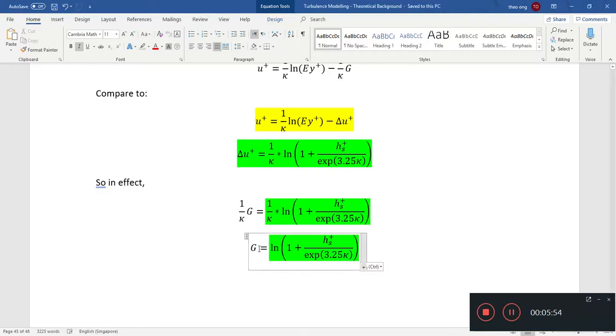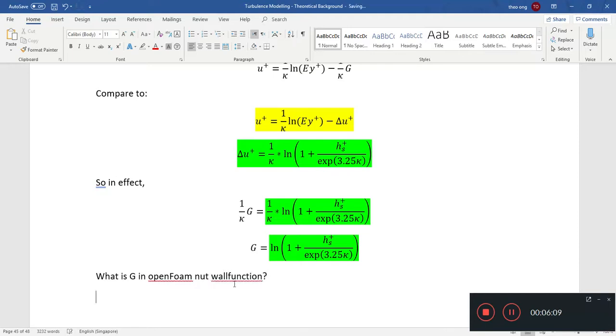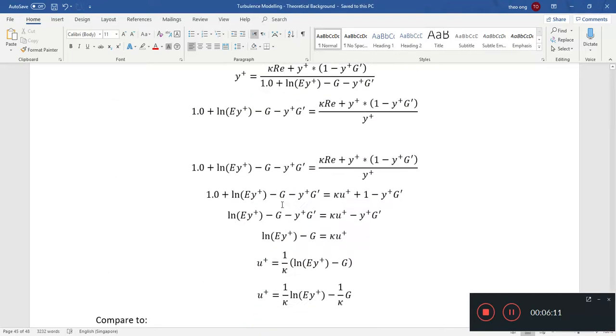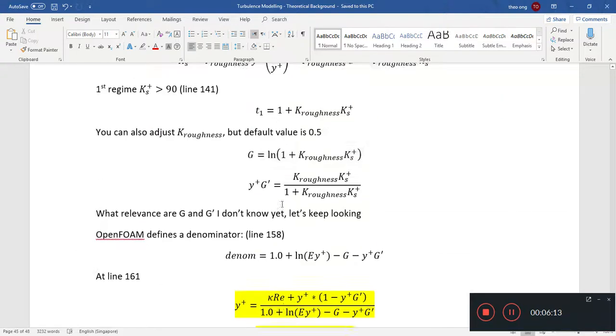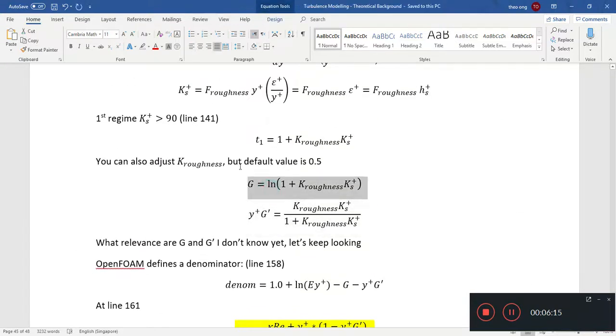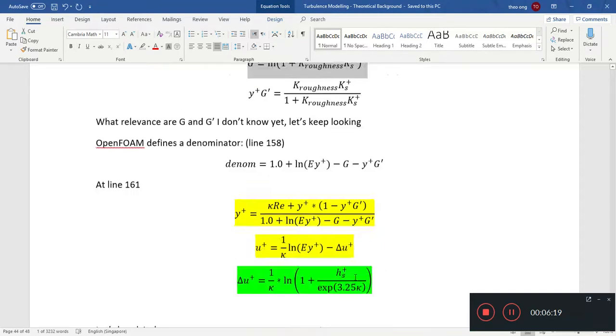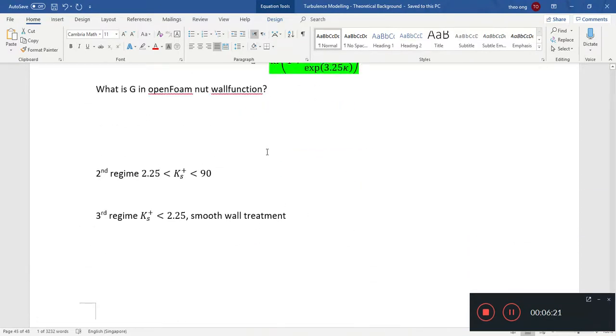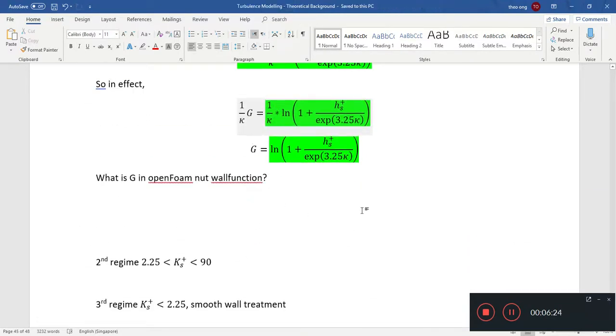Okay, so what is G in OpenFOAM? Well, what is G in this OpenFOAM nutkRoughWallFunction? Alright, then let's take a look at the code again, or where things were defined just now. G equals ln of 1 plus k roughness ks plus. Okay, so this is this.